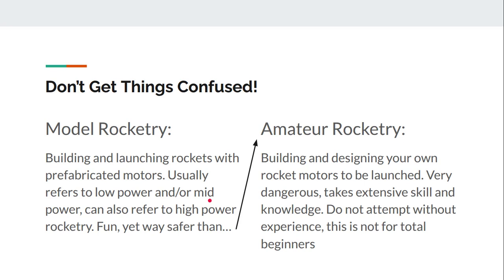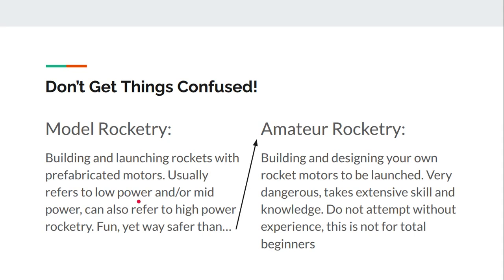I'll have another video specifically about model rocket motors, but essentially it's how the total thrust in each motor is divided. Usually low power and model rocketry go together. A through D class motors, which are the lowest powered motors, are considered low power.